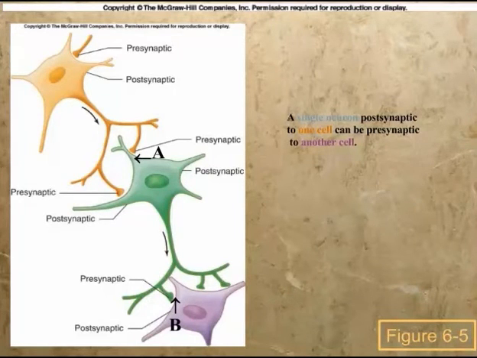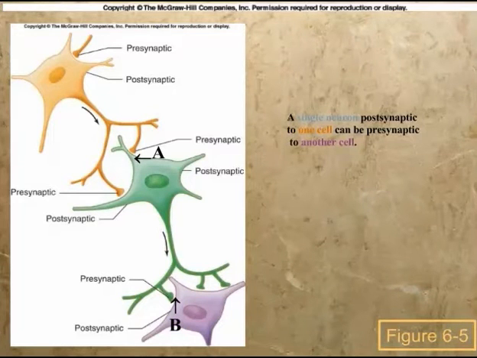On the other hand, the green axon would be considered the postsynaptic neuron relative to synapse A, as its dendrites are the ones receiving neurotransmitter released into the synaptic cleft by the presynaptic brown neuron.